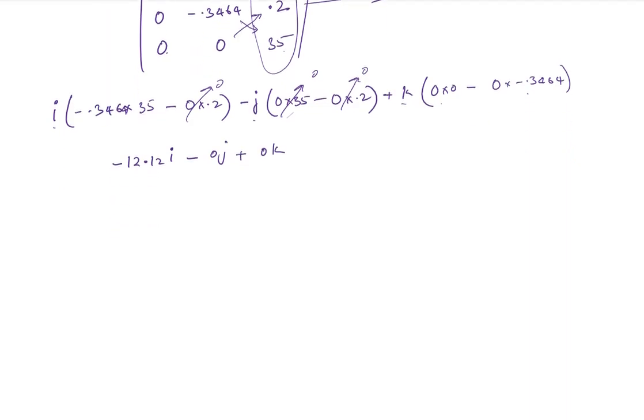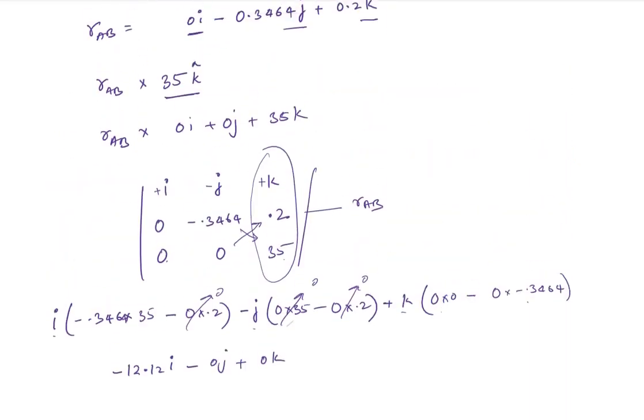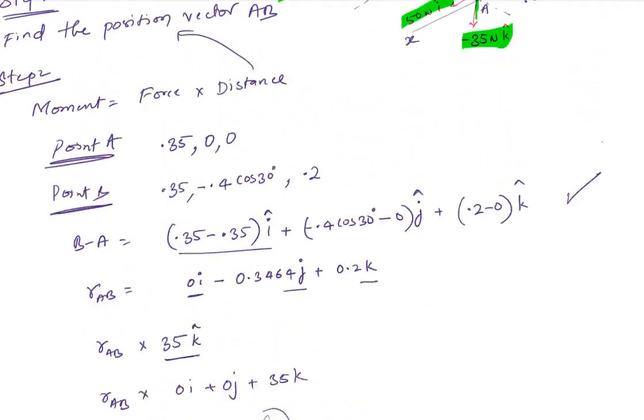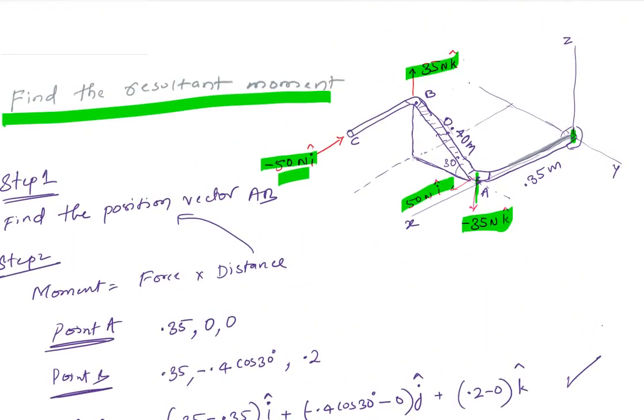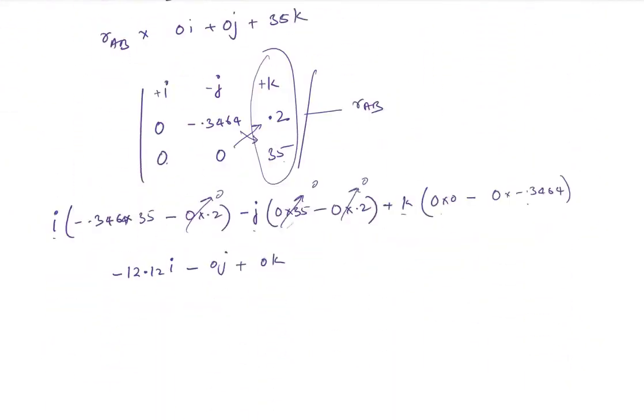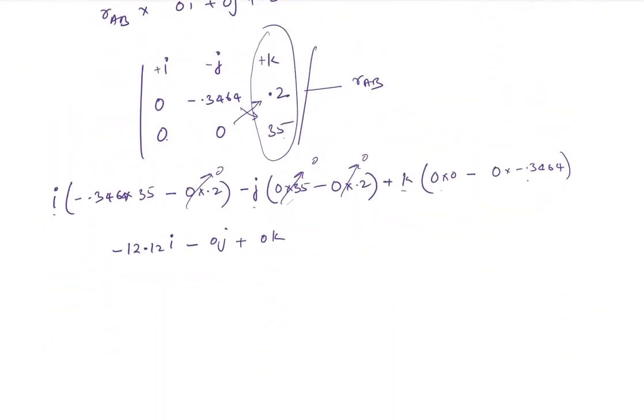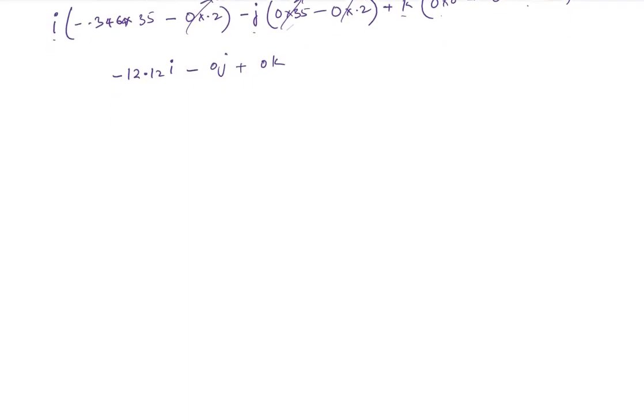So that's one moment. Now we need to take the position vector and multiply it with the other force to get the other moment. The force is acting on this distance again, so we need to get another moment. Same thing, we'll repeat it.